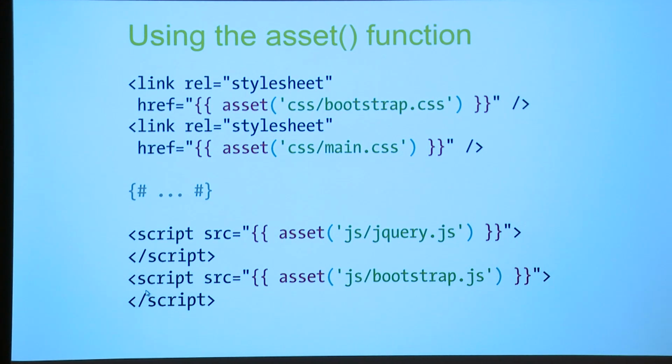So if you use asset('css/bootstrap.css'), it will look in the public/css/bootstrap.css file and create the URL for you. And it will also create the version, if you need it, at the end of the URL so that you can have precise control over the HTTP cache system. So that's why it's nice and it's easy.